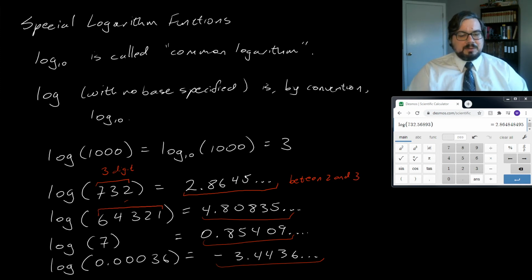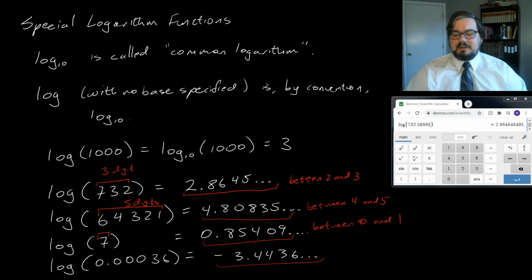The next one we looked at had 5 digits. It was a 5-digit number, and the output is between 4 and 5. Next, we've got a 1-digit number that's between 0 and 1, the output when you plug it into the common logarithm. And then the next, we have a number that is less than 1, quite a bit less than 1, but you can see that we've got quite a few digits here.